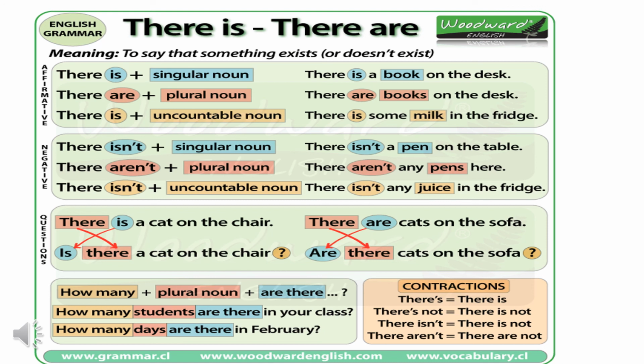2. There are cats on the sofa. Are there cats on the sofa? Then, we can as well look at it using many. How many plus plural nouns are there?